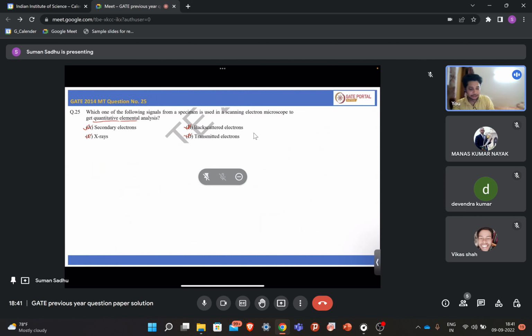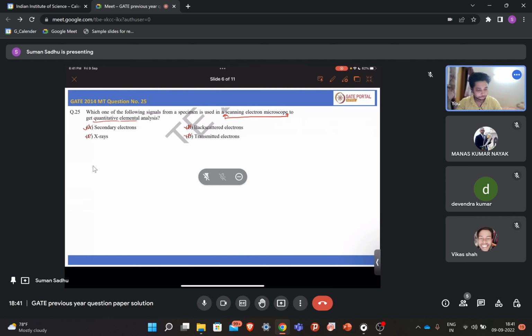So in a scanning electron microscope, which signal? Anyone know the answer? Before I proceed, anyone want to answer? What will be the answer? Can I guess, sir?